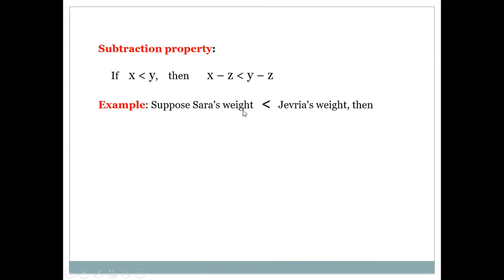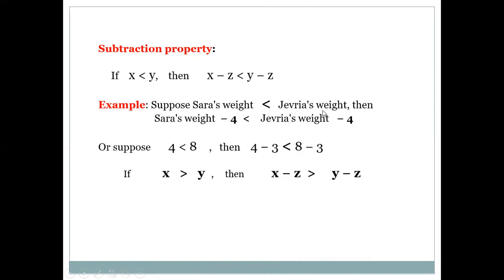Suppose Sarah's weight is less than Javeria's weight, then Sarah's weight minus 4 is less than Javeria's weight minus 4. For example, if 4 is less than 8, then 4 minus 3 is less than 8 minus 3.